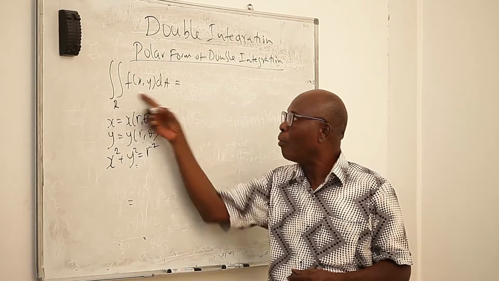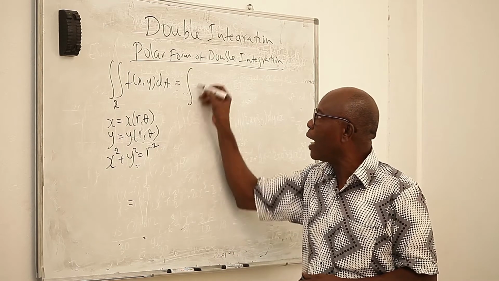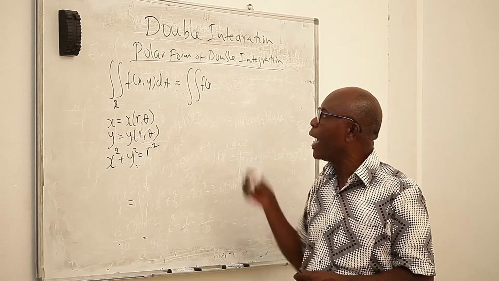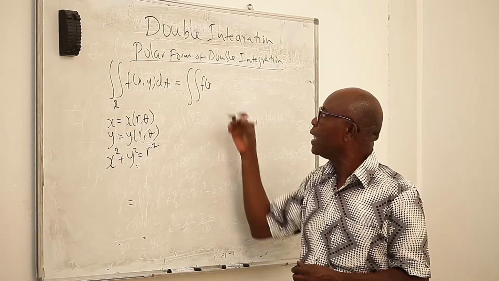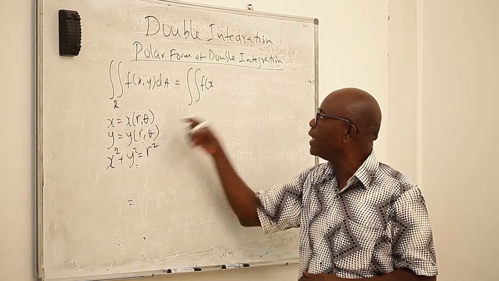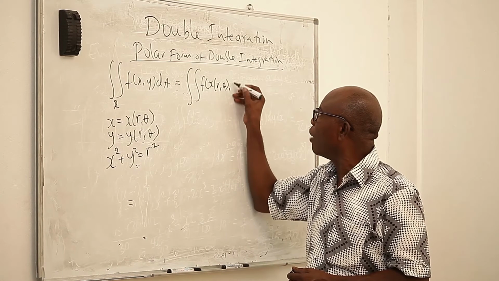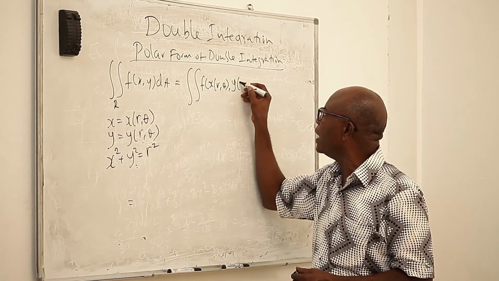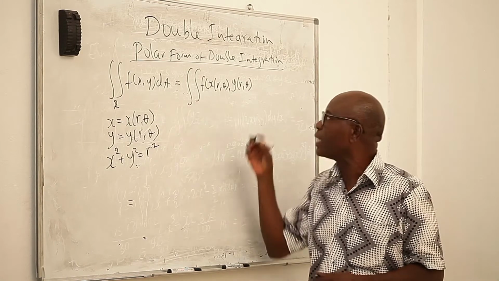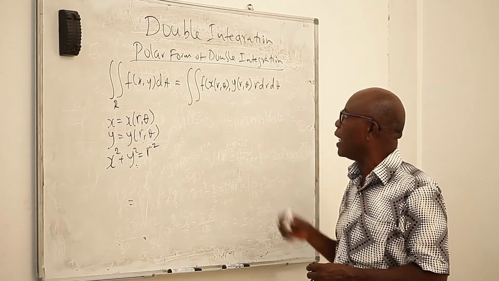Therefore, our double integral of f(x, y) now becomes f with x and y as functions of r and theta, and dA is given as r dr d theta.